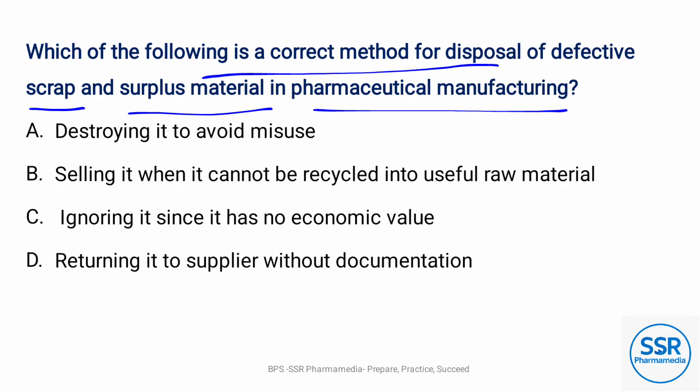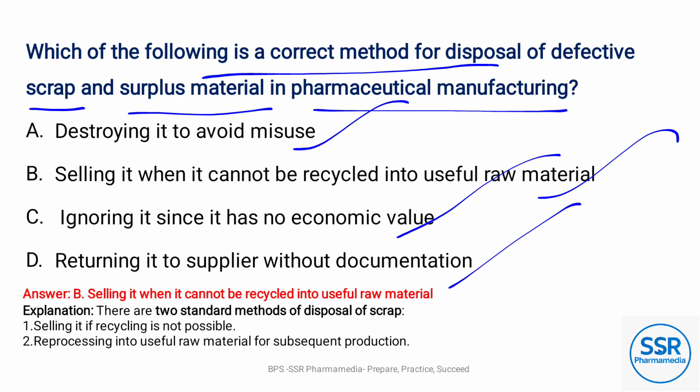Option A, destroying it to avoid misuse. Option B, selling it when it cannot be recycled into useful raw material. Option C, ignoring it since it has no economic value. Option D, returning it to supplier without documentation. So the answer is option B, selling it when it cannot be recycled into useful raw material.